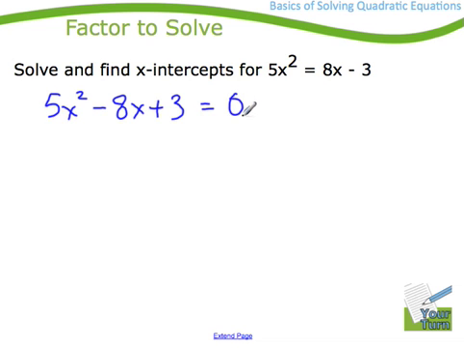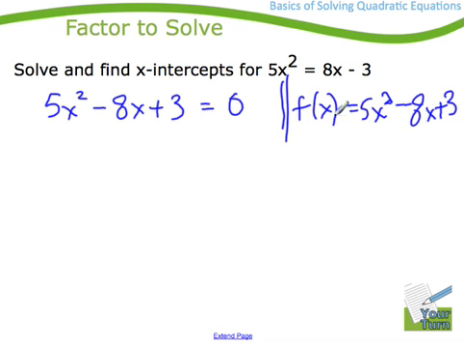So this is a quadratic equation. The function that would be associated with that would be f of x is equal to 5x squared minus 8x plus 3. That'd be the function. So for this one, I'd be looking for x-intercepts. For this one, I'm just looking for solutions.